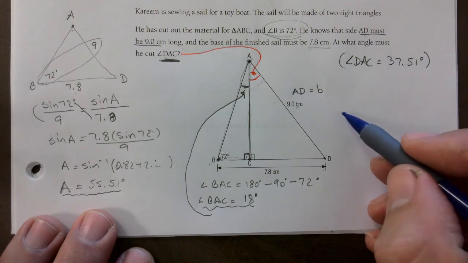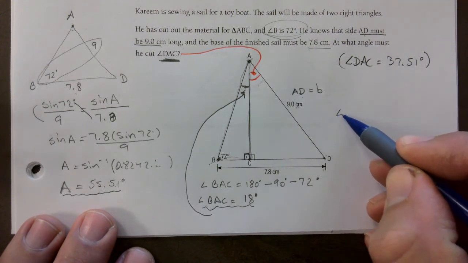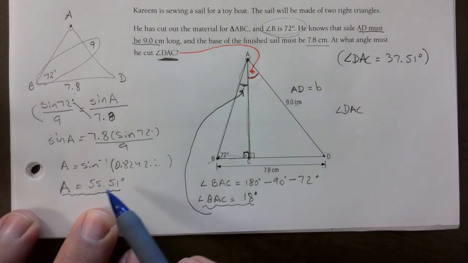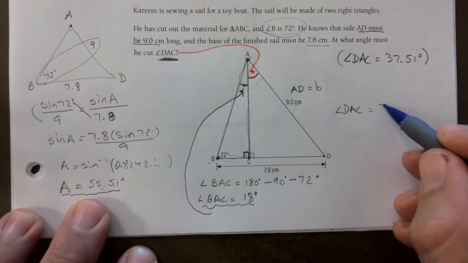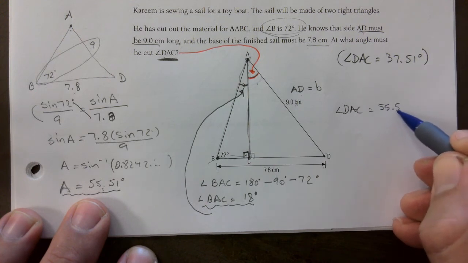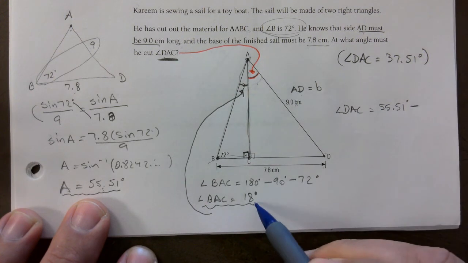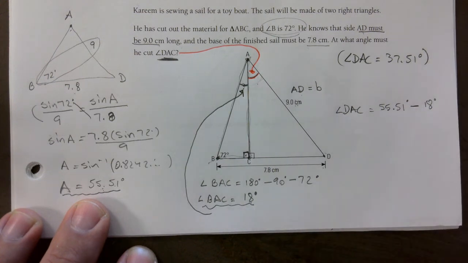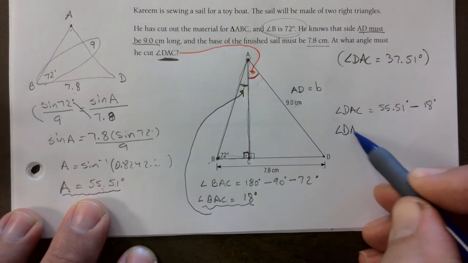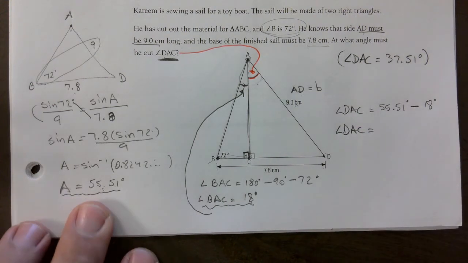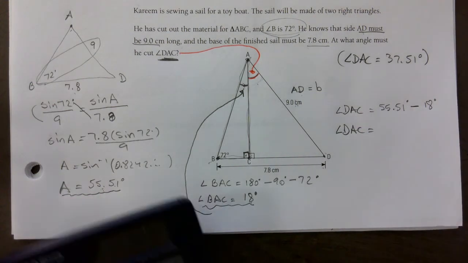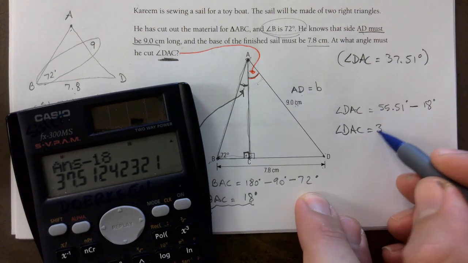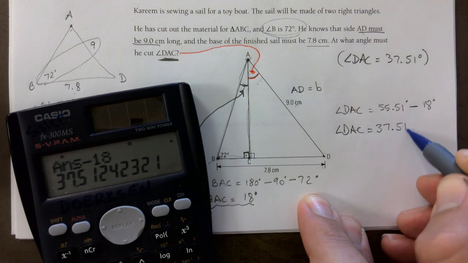And so the angle that they're actually wanting me to find, which is this one, is going to be 55.51 minus 18. Okay, so you take 55 minus 18, that's 37.51.